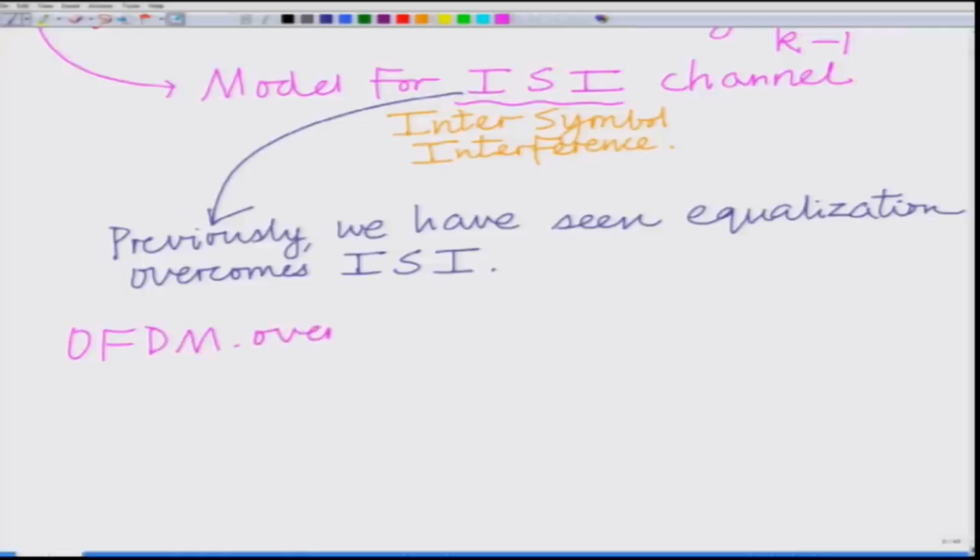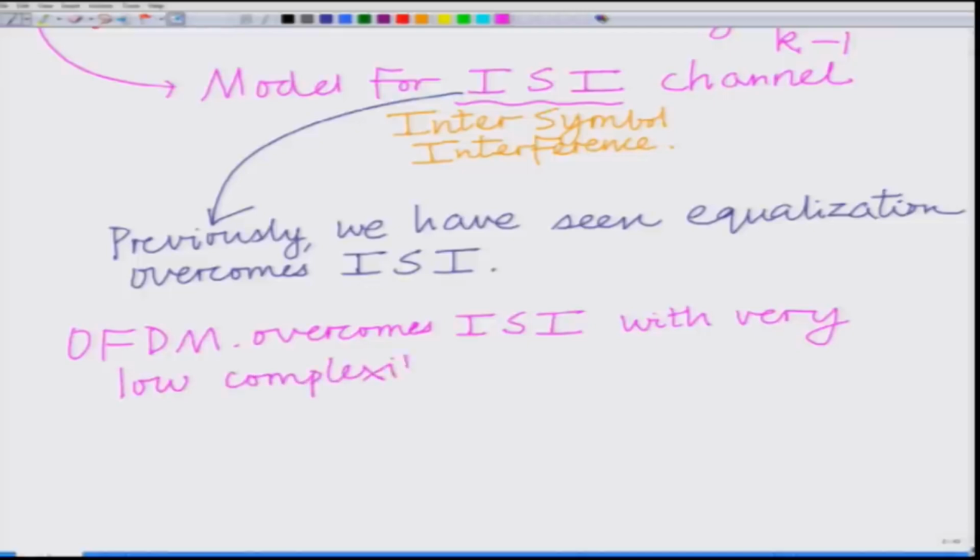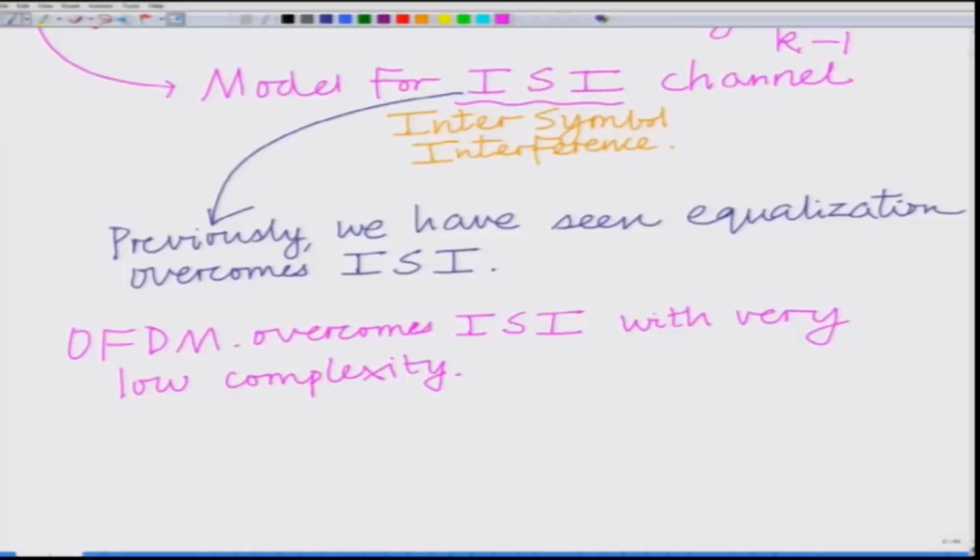OFDM has many advantages. One is that it overcomes ISI with very low complexity, and that is the advantage of OFDM, that it is a very low complexity, very efficient scheme to overcome the inter-symbol interference in the wireless channel.